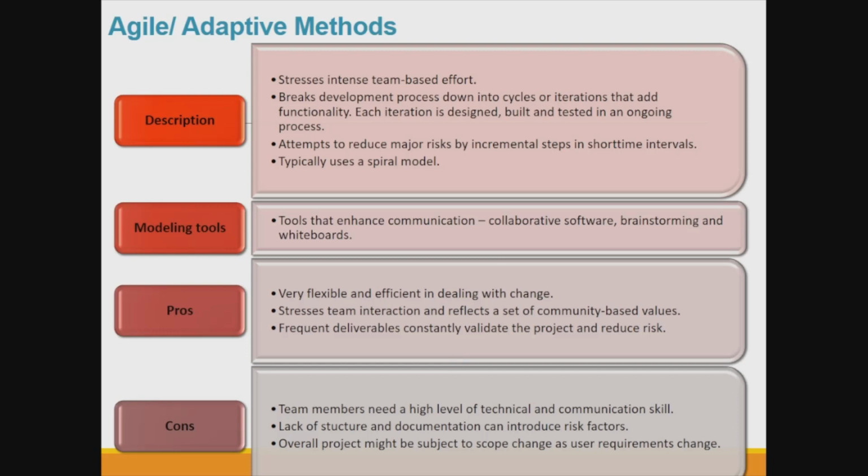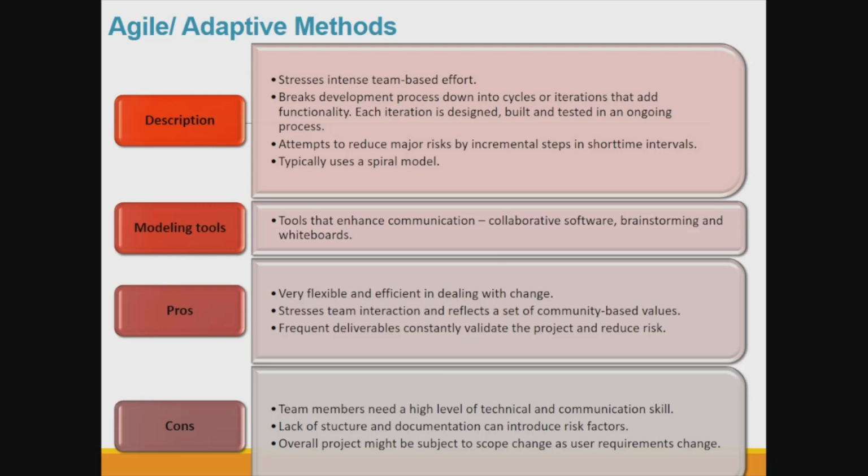And how about the cons? Team members need a high level of technical and communication skill for the entire process of development. Lack of structure and documentation can increase risk. Compared to the structured analysis part, this one has less structure in developing the software, less documentation, and a lot of changes being done throughout the development process.